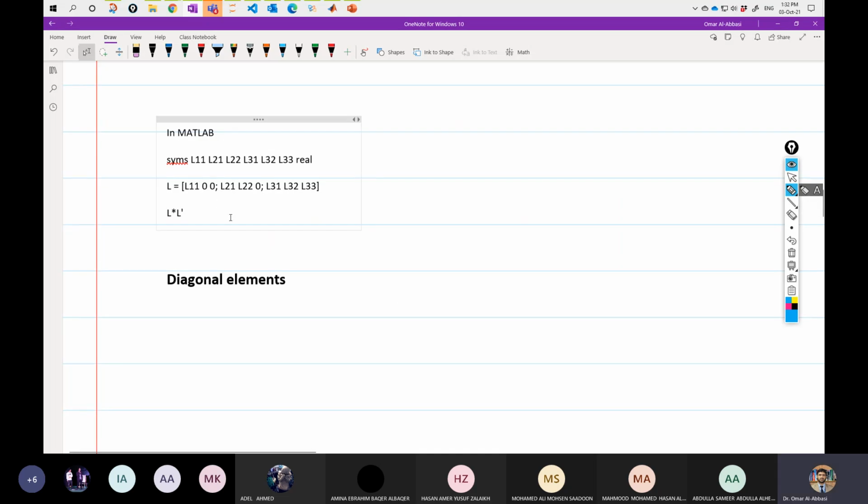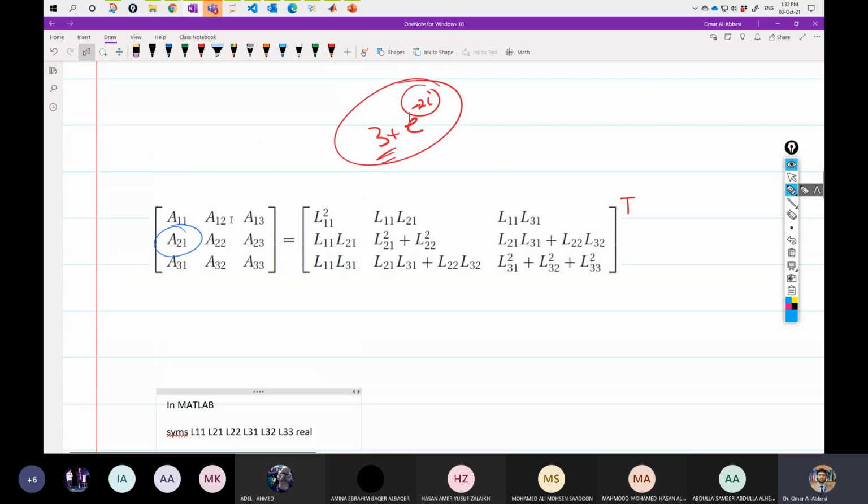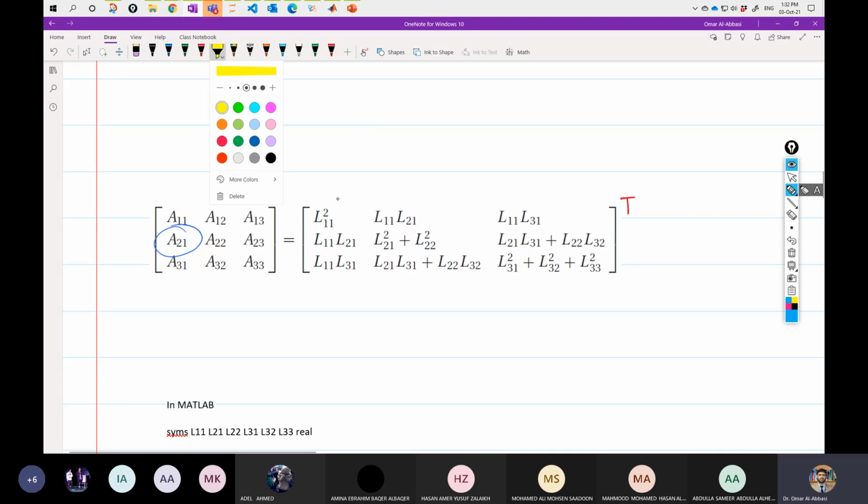Okay, let's now, guys, investigate two things. Let us investigate the diagonal elements. For a minute or two, I want you to look at the diagonal elements. What can you see, guys?